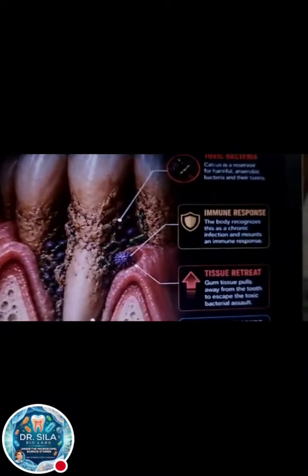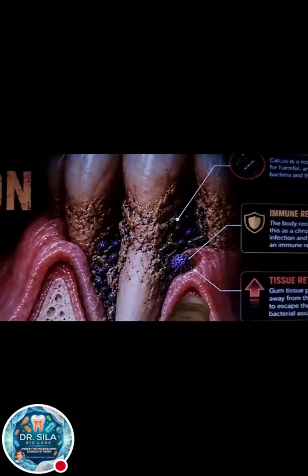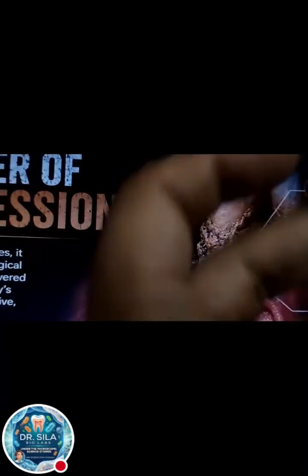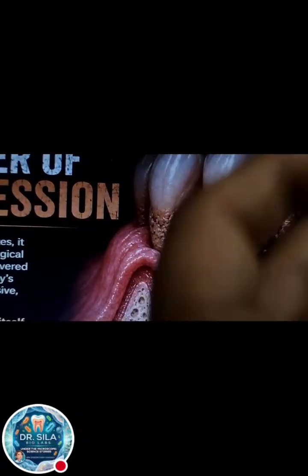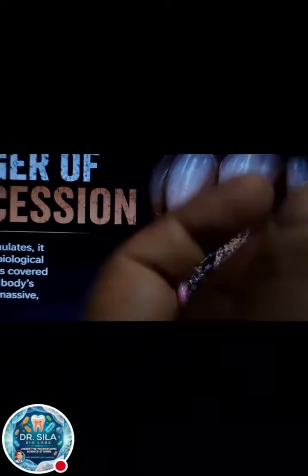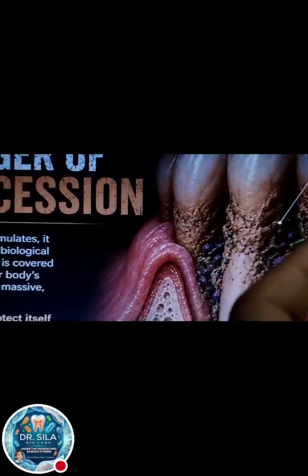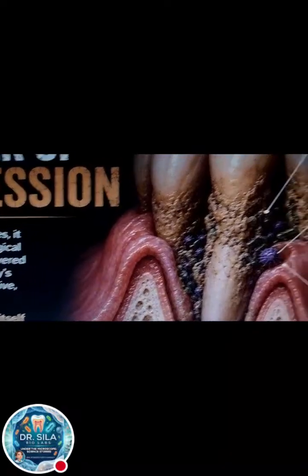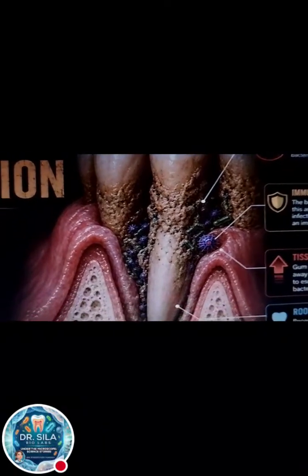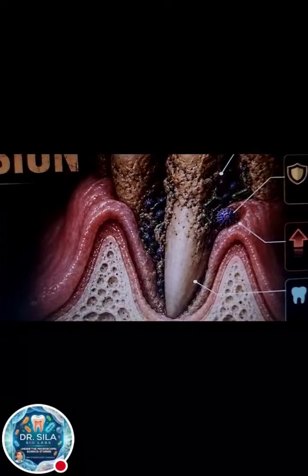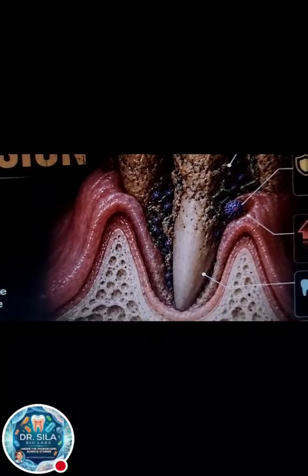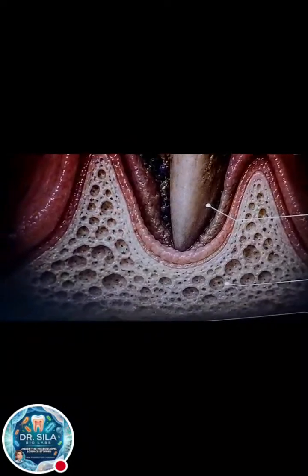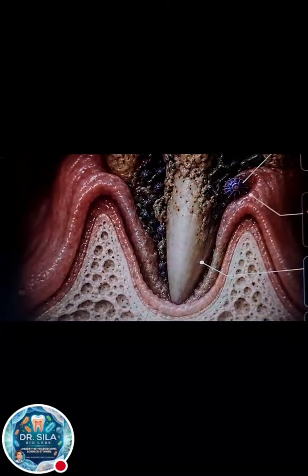Coming to the danger of gum recession. As the subgingival calculus accumulates, it creates a physical and biological hazard. Because the calculus is covered in active toxic bacteria, your body's immune system recognizes a massive chronic infection. In an effort to retreat and protect itself from these bacterial toxins, your delicate gum tissue and the underlying jawbone begin to pull away.